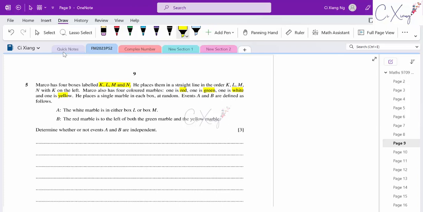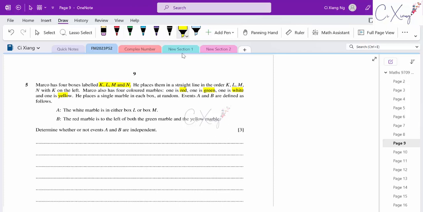Events A and B are defined as follows. Before we look at events A and B, for this question we are going to arrange 4 different colored marbles into 4 different labeled boxes. So this question involves arrangement, and when you solve it you should think about permutation. Let's look at the definitions.